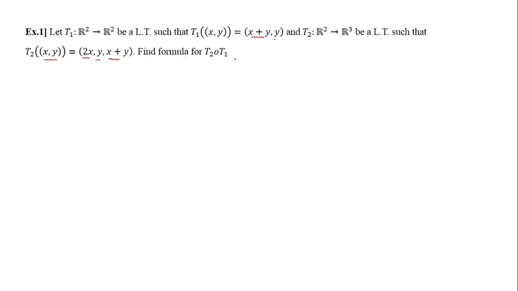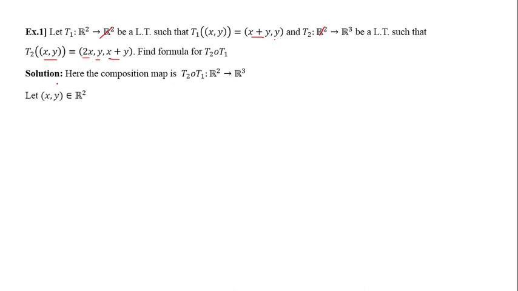Find a formula for T2 composite T1. So we have the composition map T2 composite T1 from R2 to R2 and T2 from R2 to R3, so from this domain to this codomain, R2 to R3.